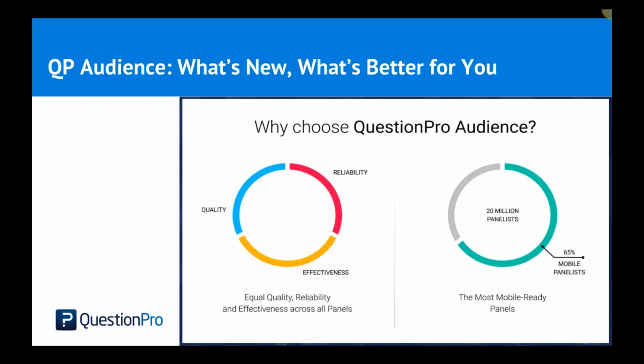So it's very reliable. The quality and effectiveness of doing a project with QuestionPro Audience is second to none. One of the great things I've seen is that a client can come to them on a Friday afternoon and say, I need some results by Monday to show to people and get a report.